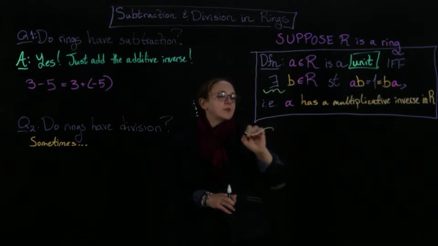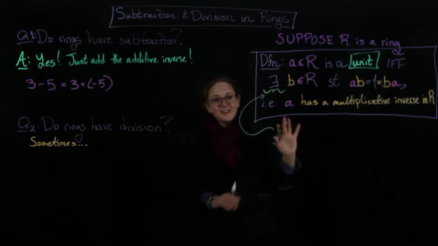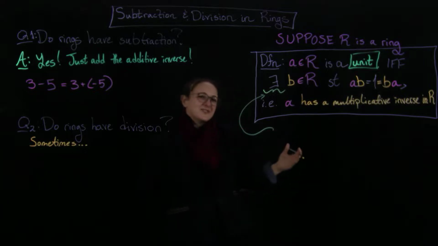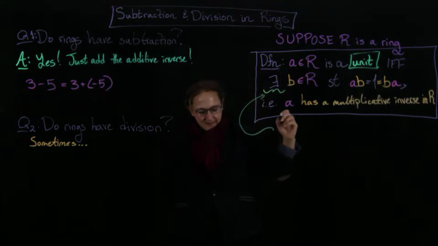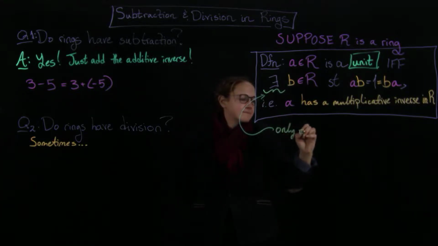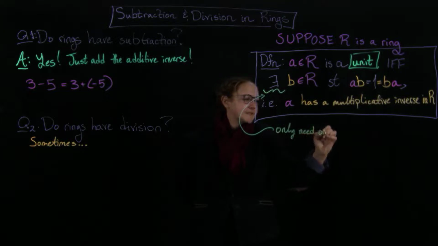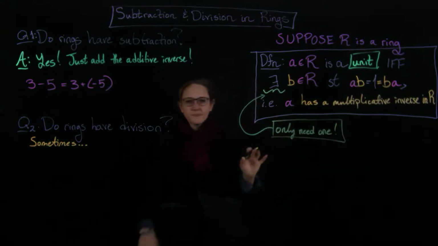In order to be a unit, you only need one multiplicative inverse. You usually only have one multiplicative inverse, so we only need one. This is an existence definition.